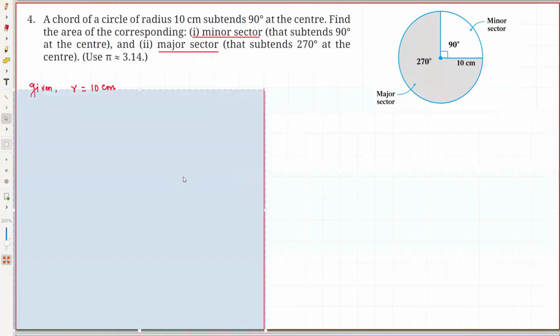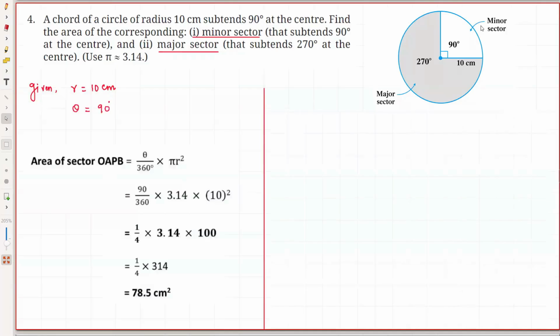Area of minor sector, the formula is theta by 360 into pi r square.